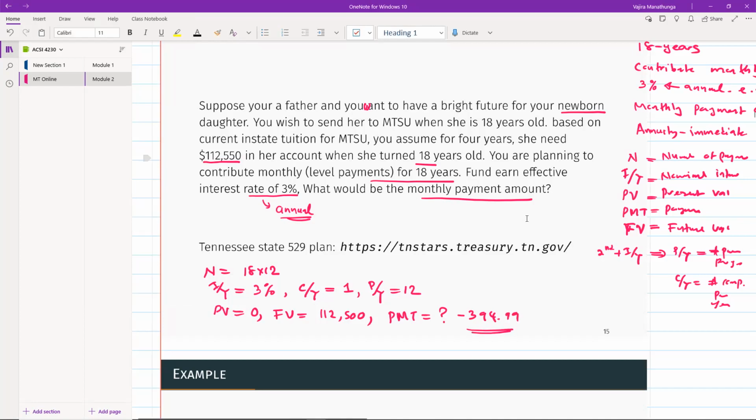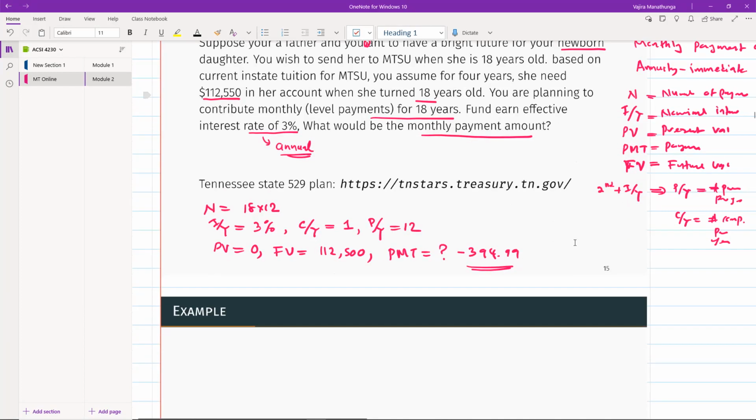Okay. Now you may wonder how I got this. Theoretically, you have to solve using the formula. What's the formula?